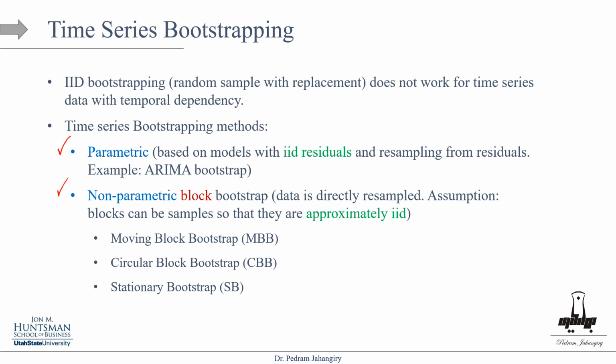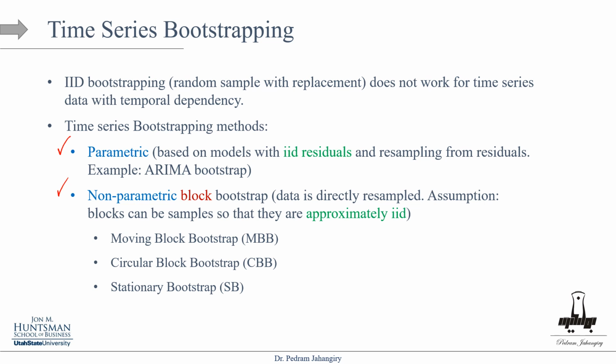The second approach is non-parametric, right? So in non-parametric, we're going to call them block bootstrap, and it is where the data is directly resampled, right? So the underlying assumption is that these blocks can be sampled so that they are approximately IID.